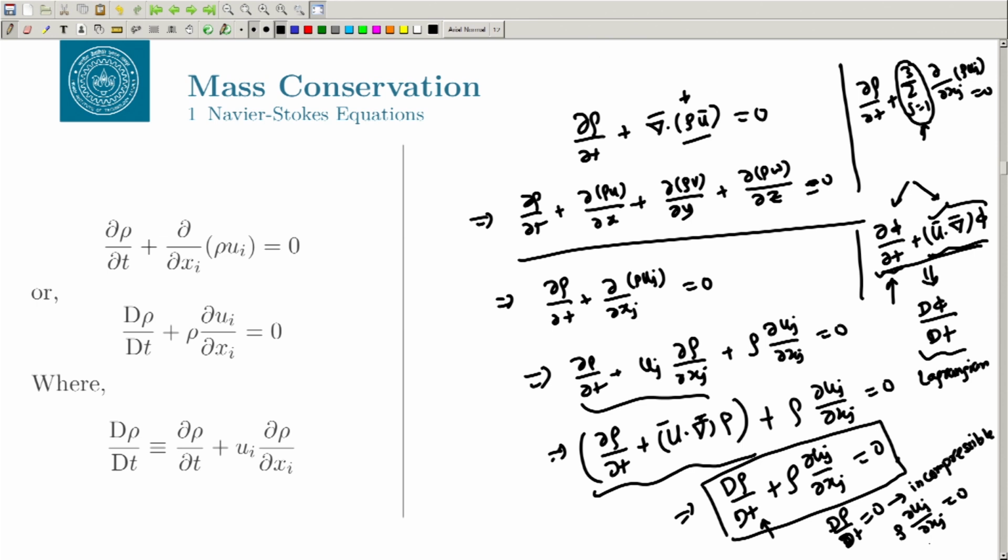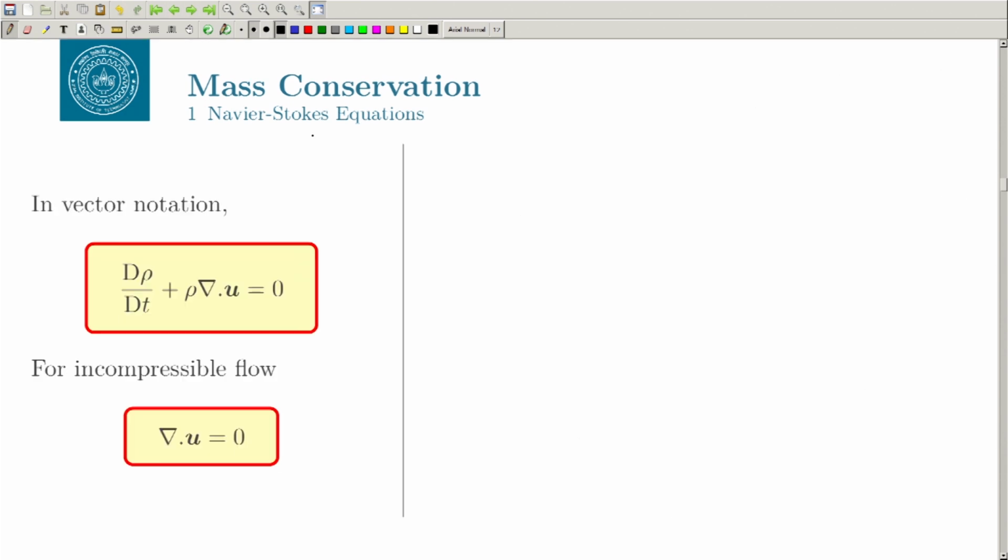Then you will have the expression del u_j by del x_j equal to 0. So, that is your incompressible case. For the incompressible case, del u_j by del x_j is equal to 0, which in vector notation can be written as del dot u equal to 0. So, this is the expression that you use for the incompressible flow.